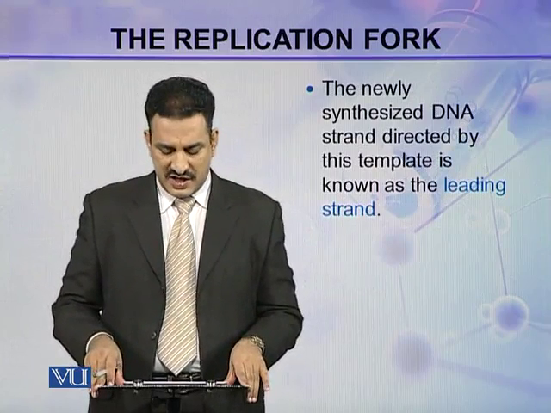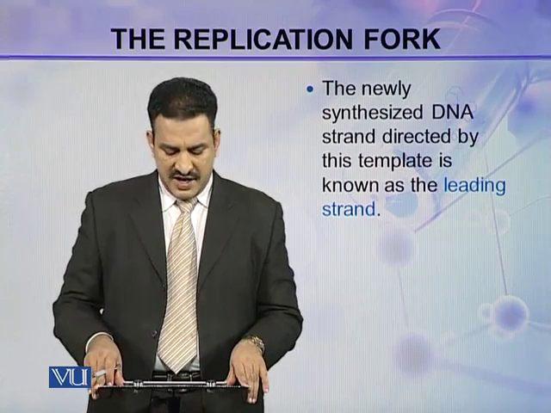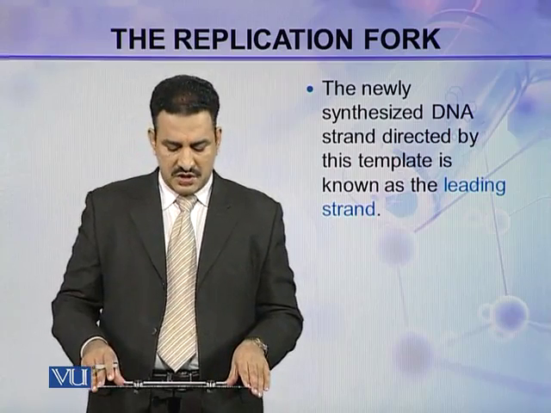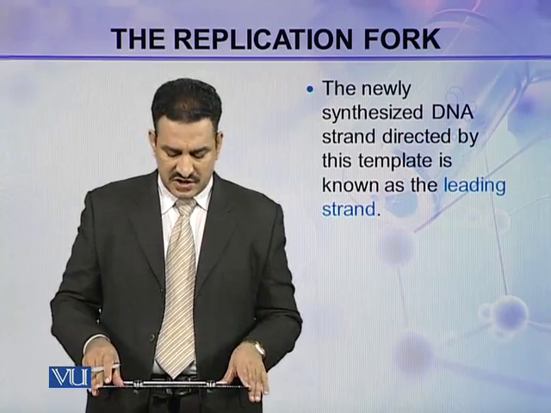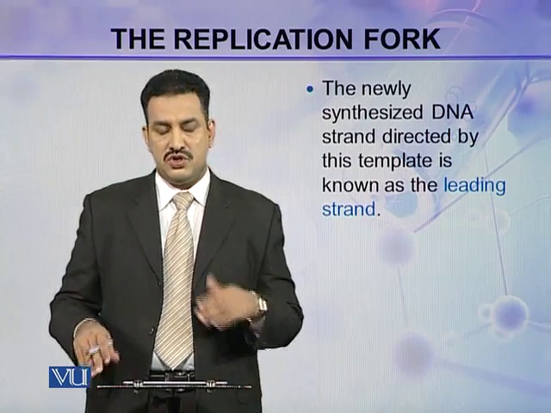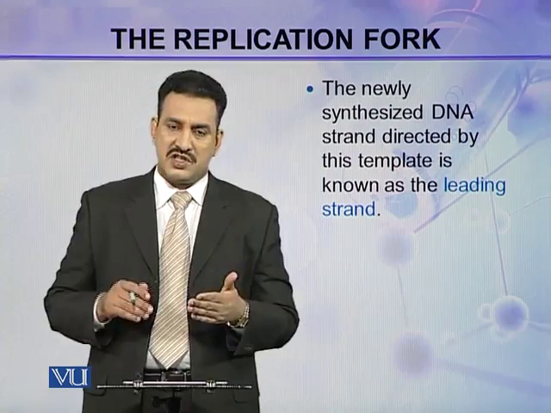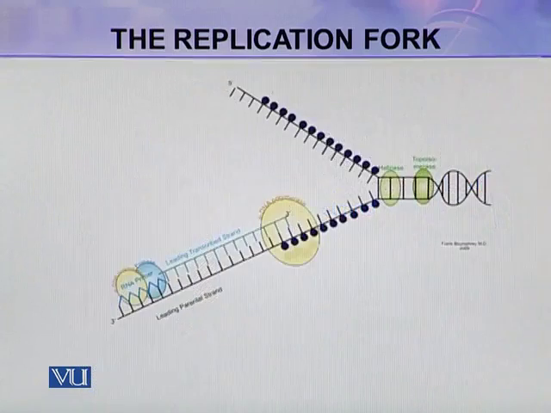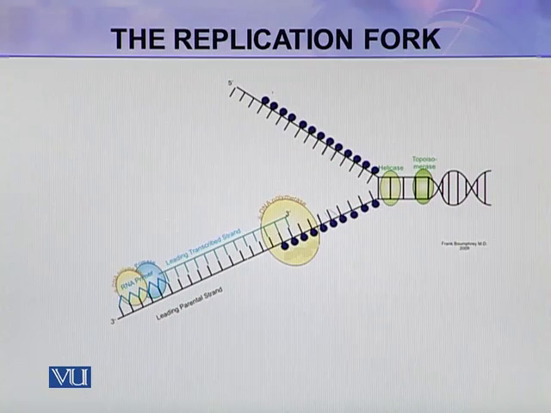The newly synthesized DNA strand directed by this template is called the leading strand. So the new strand which is synthesized along this template is called the leading strand. As you can see in this diagram, this is the replication fork, and this is 5 prime, and this is 3 prime.